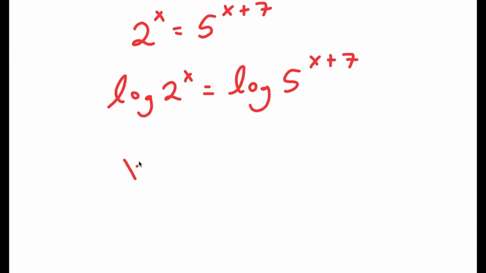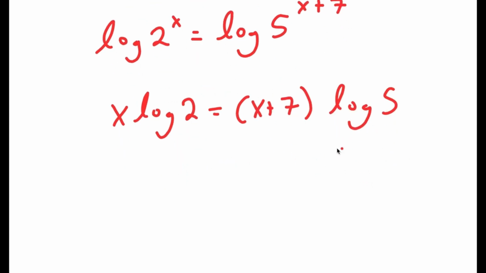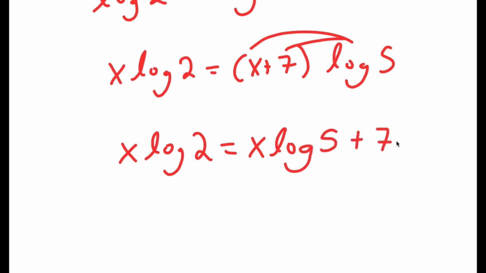And now using that property, I get x times log 2 is equal to x plus 7 times log 5. And now if I distribute the log 5, I get x times log 2 is equal to x times log 5 plus 7 times log 5.